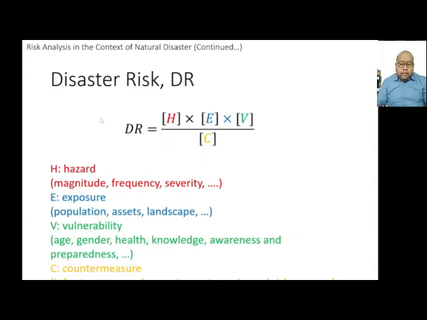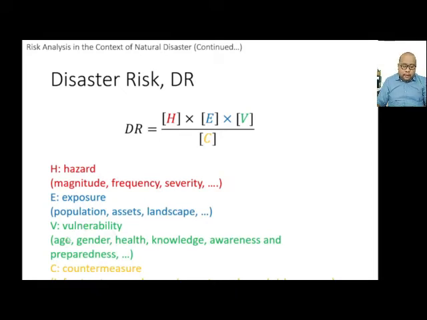So to calculate the disaster risk, okay, we have this formula, which is H is the hazard, okay, in terms of the magnitude, frequency, severity, and then we have the E. E is the exposure. Okay, exposure something like the population of the residents, and then the assets, like houses, shops, commercial areas, and then the landscape, and then we have the V times the vulnerability.